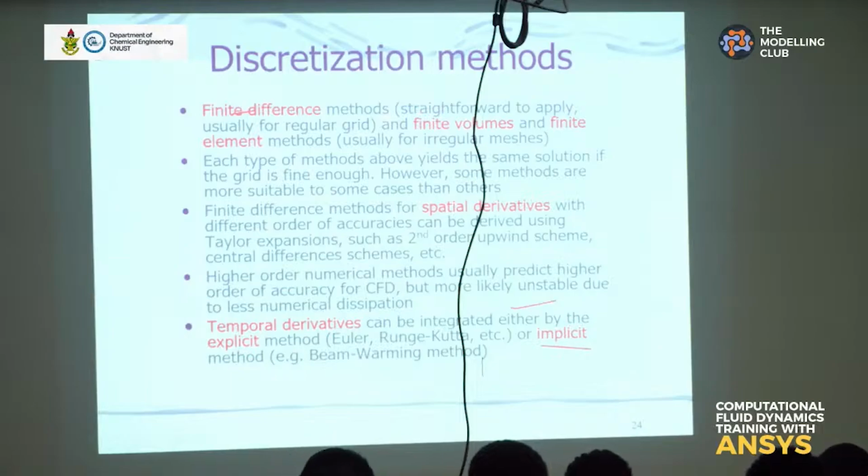It's very straightforward to apply, and it's usually applied to a regular rectangular grid with, let's say, the x interval the same as the y. Your delta x is equal to your delta y. That is basically your finite difference method.